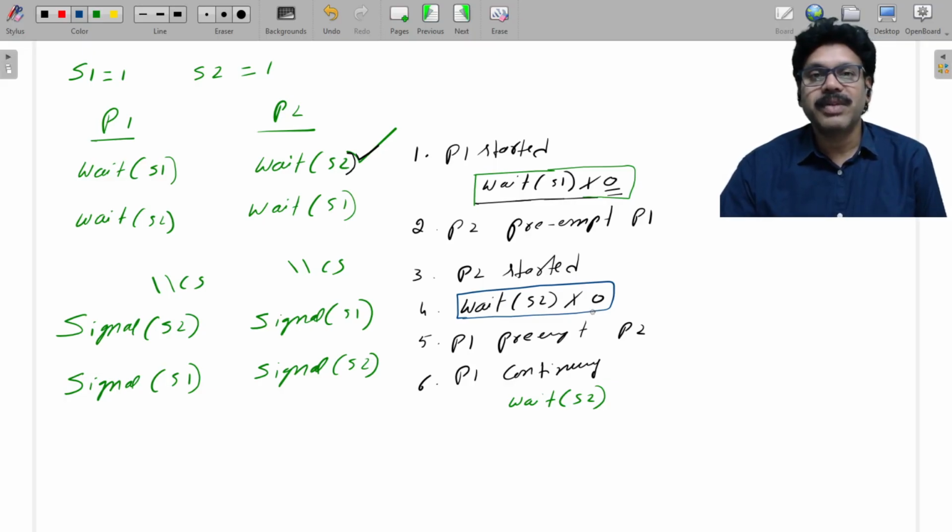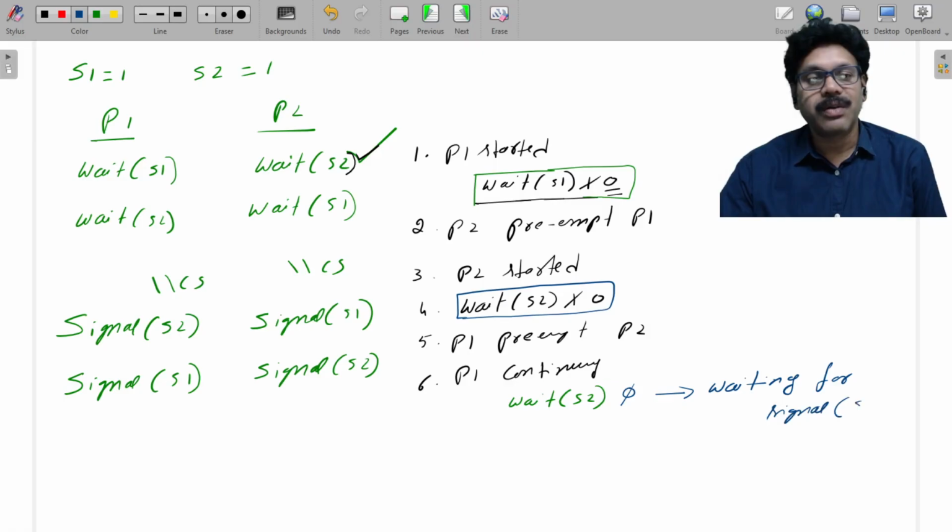Please revise wait and signal functions in earlier classes. So as you find the 0, P1 will be waiting. P1 will be waiting for a signal. Observe carefully. For signal of S2, somebody has to give 1 because it's 0.